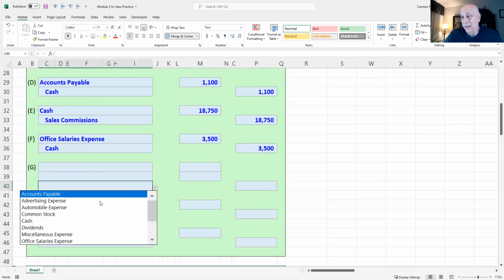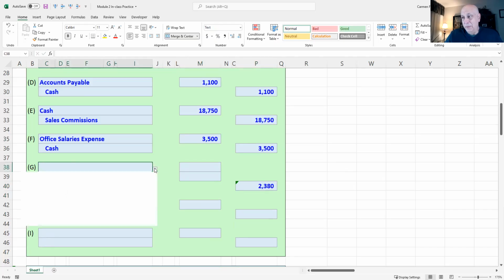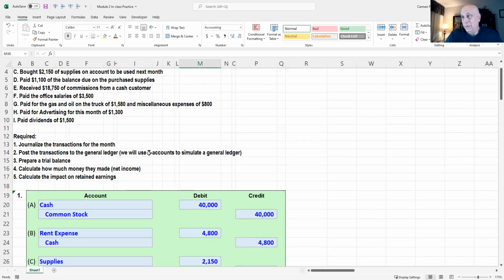So we can put that in here first. We'll put in $1,580 plus $800, so it's $2,380. Okay. And we have two different types of expenses. One is miscellaneous expense, and that was for how much? $800.